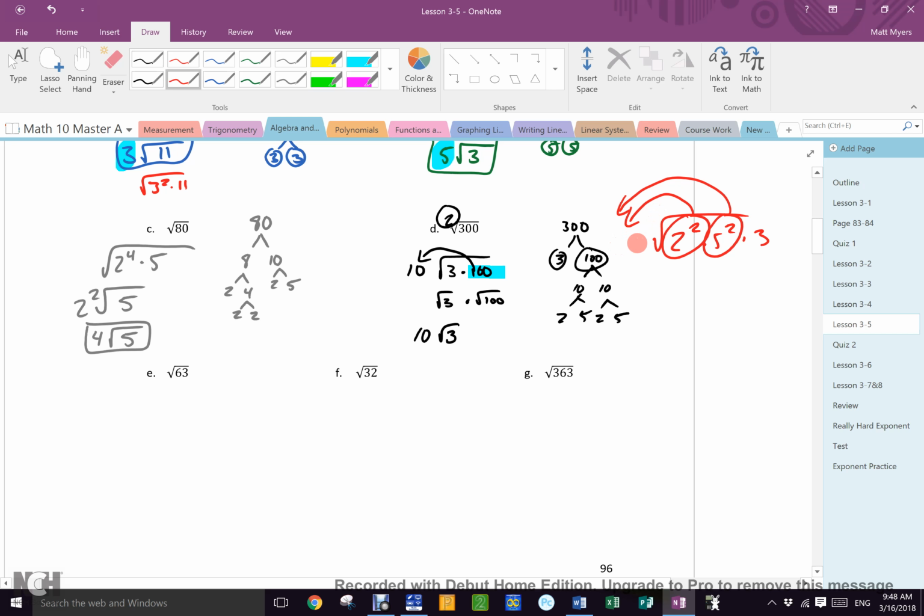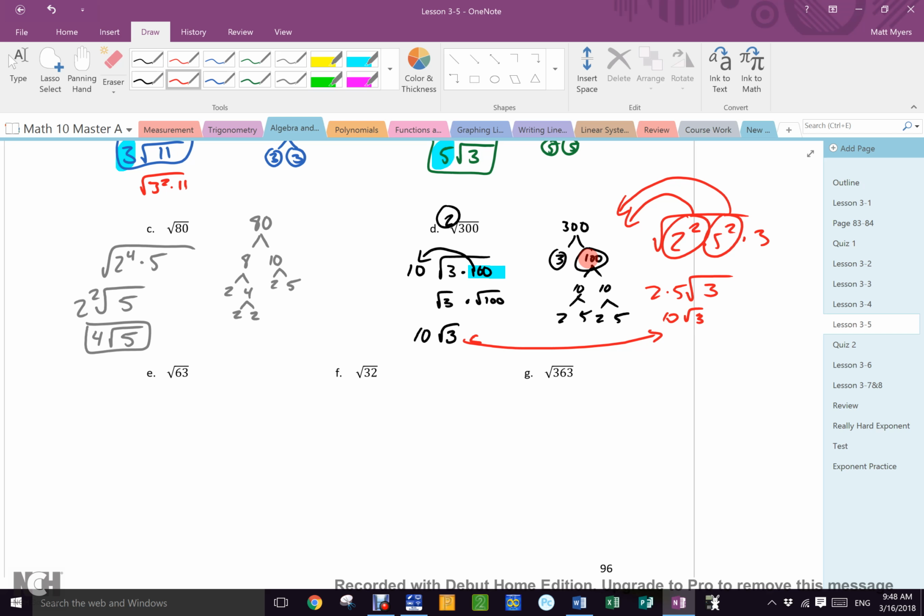Since they're both coefficients, what math do coefficients do? Multiply. So 2 times 5 is outside, and we left the 3 under there. 2 times 5 is 10, and there we have the same answer. One way is significantly shorter. So if you get to a perfect square anywhere in your factor tree, that branch can end. Does everybody understand?